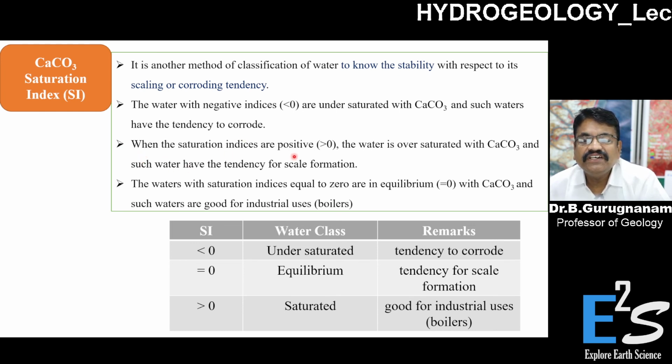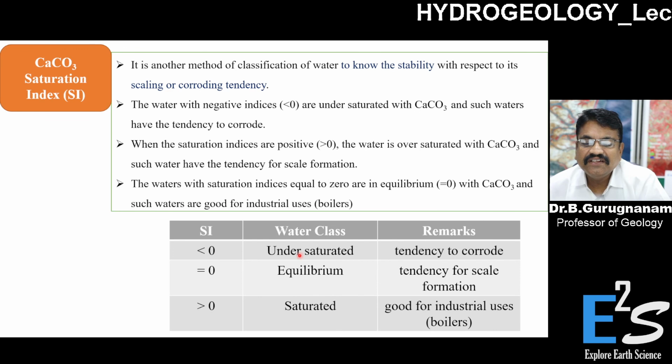When the saturation index is positive, more than 0, the water is oversaturated with CaCO3, and such water has a tendency for scale formation. Water with a saturation index equal to 0 is in equilibrium with CaCO3, and such waters are good for industrial purposes. So this is the scale.